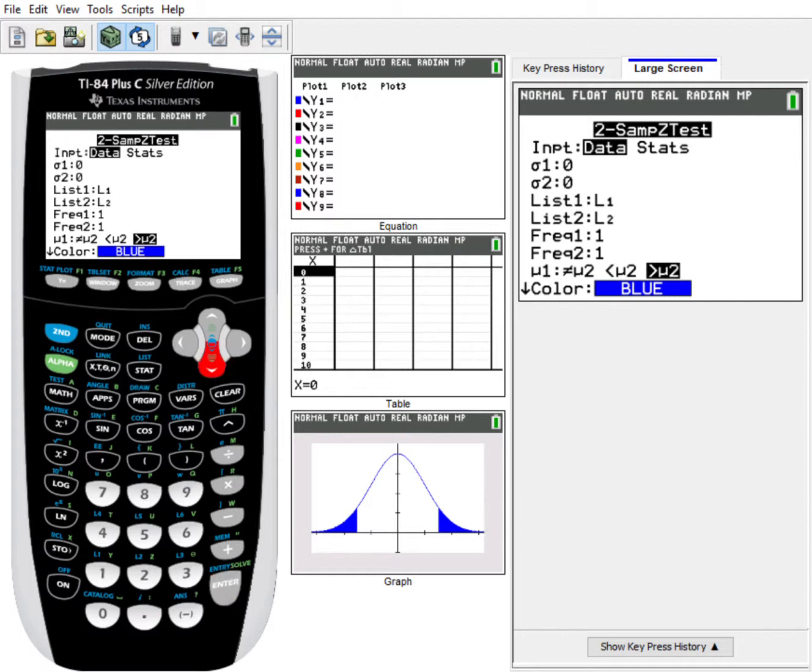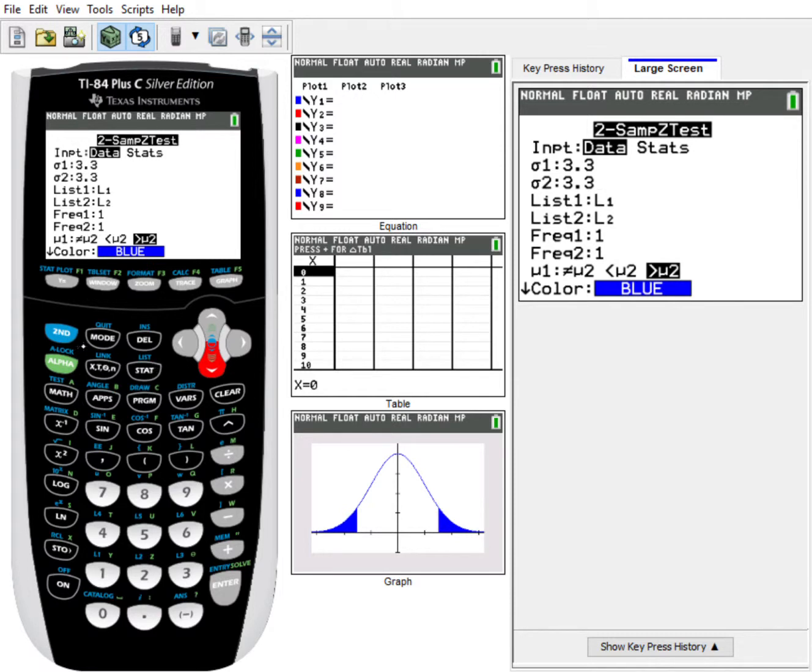Now in this case, it's asking for the standard deviation. It's 3.3 for both of the populations, and then it's asking for lists. Now by default you should have an L1 and L2, or the list button is this one.